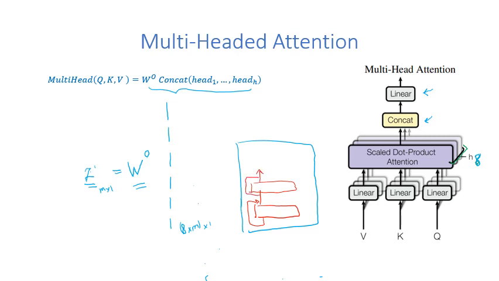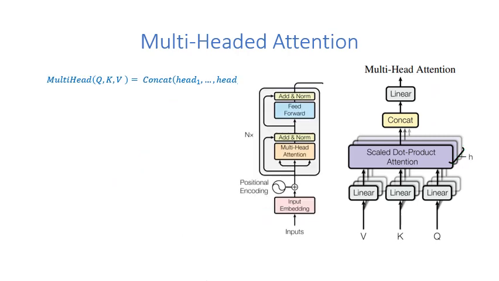But now I just added that I have 8 of these self-attentions, which will be concatenated and multiplied by this linear transformation, and then go to the feed-forward neural network.